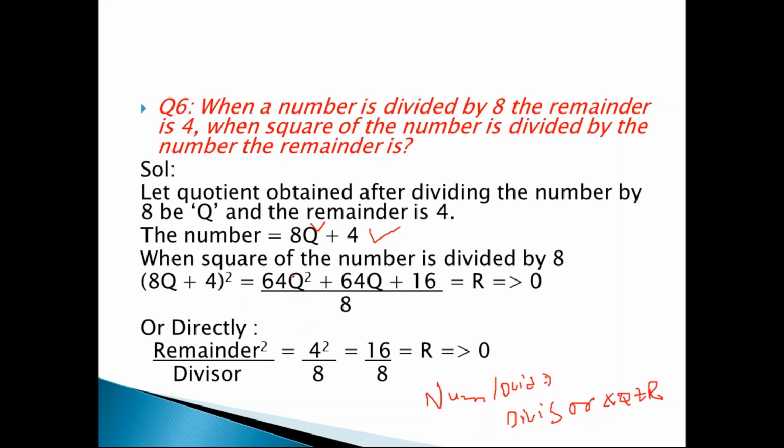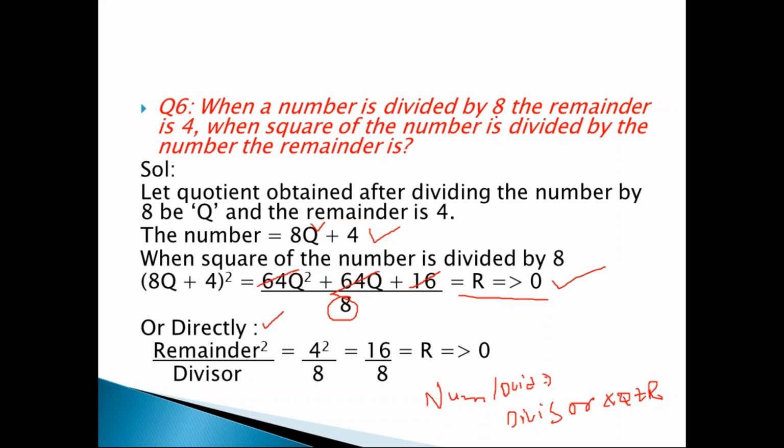Same way here also, 64q square and 64q are divisible by 8, and at the same time we know that 16 is also divisible by 8. So there won't be any remainder. Then the remainder will be 0.